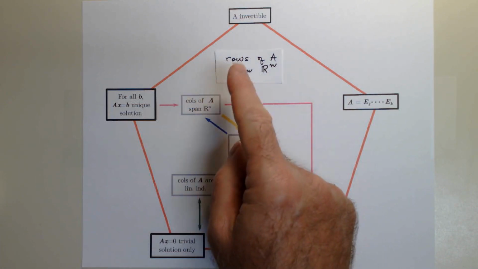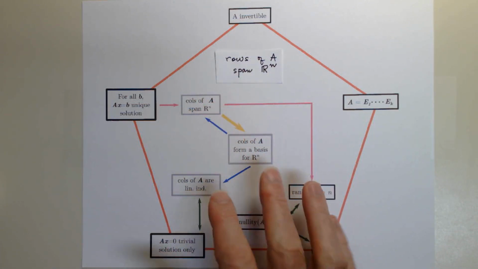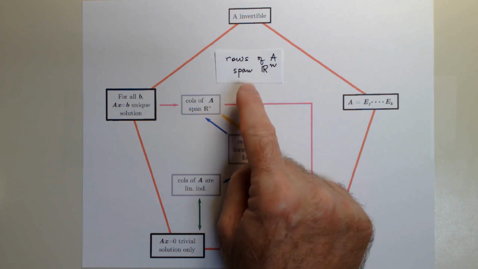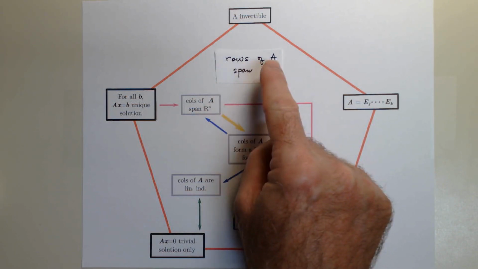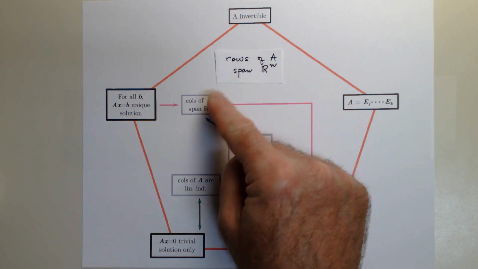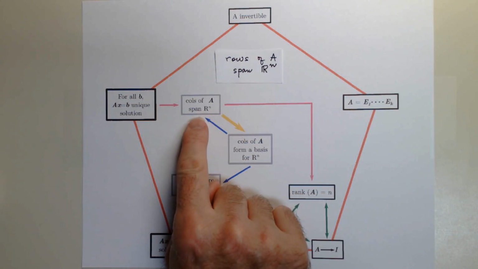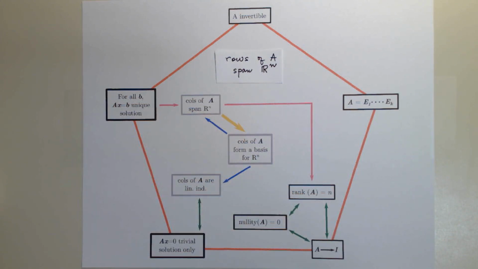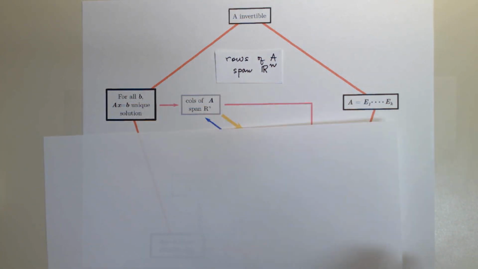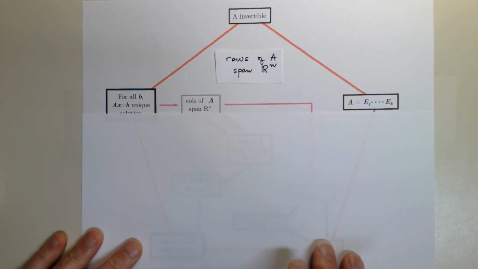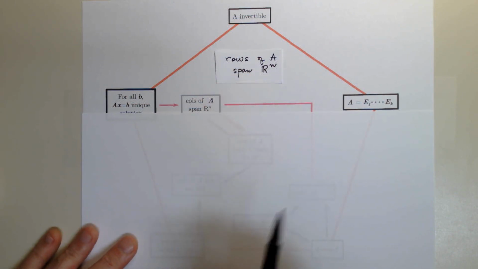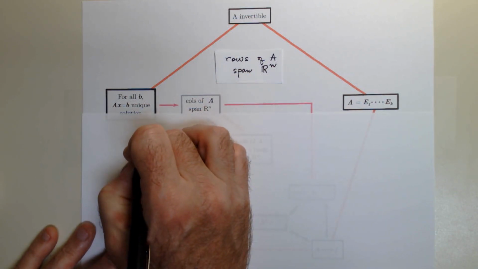I'll show you this example, but you can do the same thing with the other examples. I'll show you that this statement here, that the rows of A span Rn, is completely equivalent to the statement that the columns of A span Rn. Now, in order to prove this, we're going to have to stack a few ideas again. So let's begin with the rows of A span Rn.